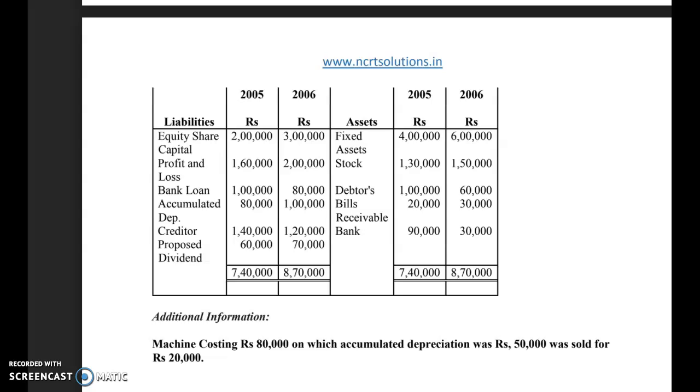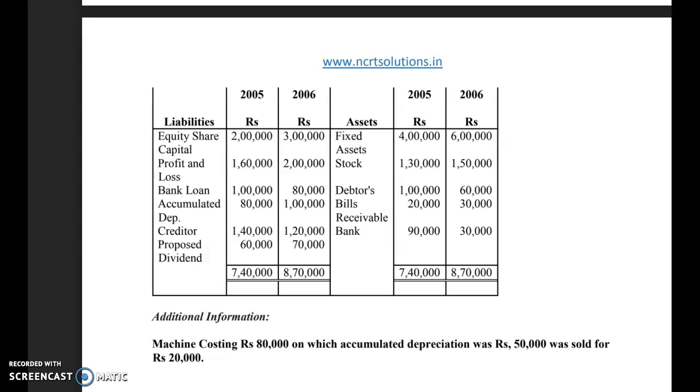In the case of proposed dividend, the current year's total provision will be added back while calculating cash from operating activities, but the last year's total provision will be shown as a subtraction while calculating cash from financing activity. This is how we will treat these two items.